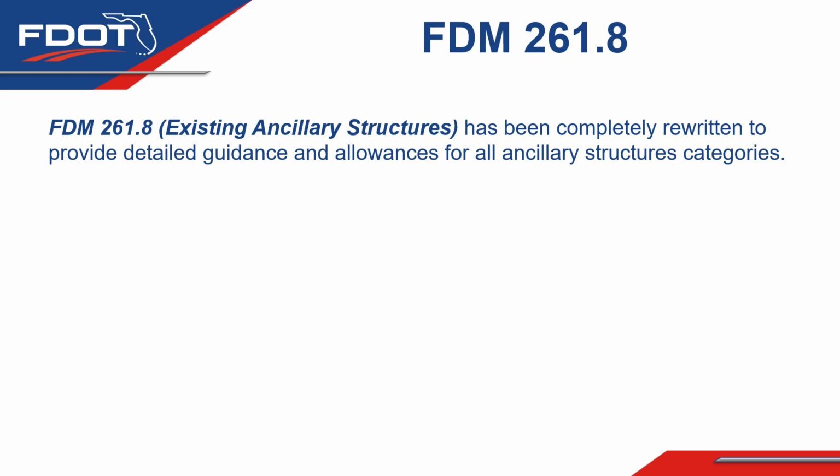Now let's dig a little deeper into Section 261.8. As I mentioned previously, it's been completely rewritten to provide detailed guidance and allowances for all ancillary structure categories. We made clarifications on the scope of condition evaluations.